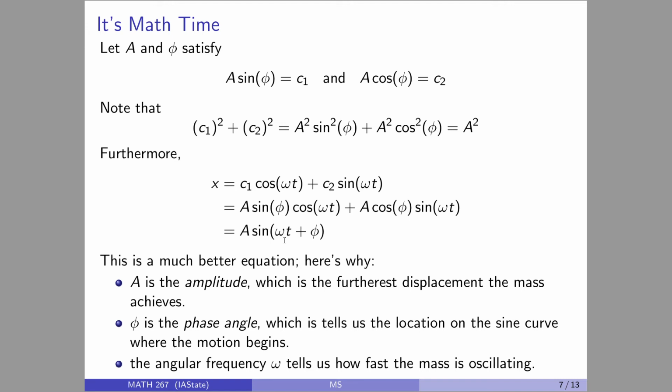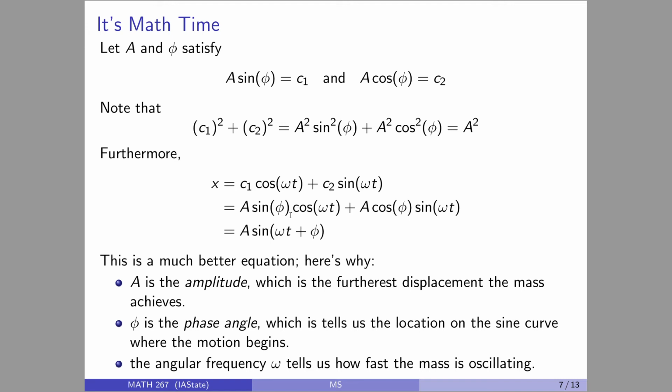Now, if omega was 2, let's say, that's sine of 2t, so I'm running through the inputs twice as fast, so I'm oscillating twice as fast. So this tells us how quickly we should expect to see the oscillations of the system. If omega is really big, it's going to oscillate super fast. If omega is really small, now note, omega will always be positive, then it's going to oscillate nice and slowly.